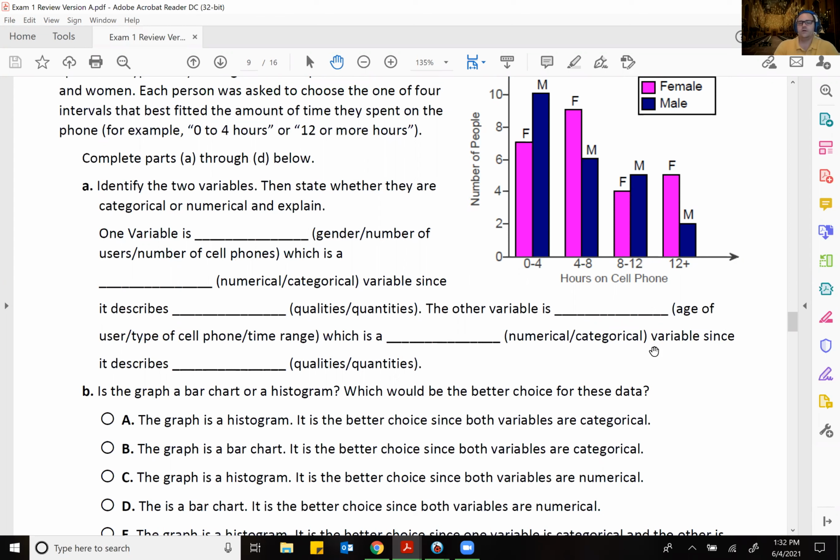And it is categorical because it is describing a quality.